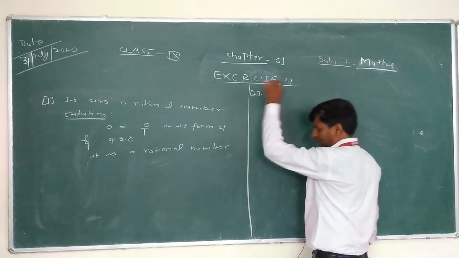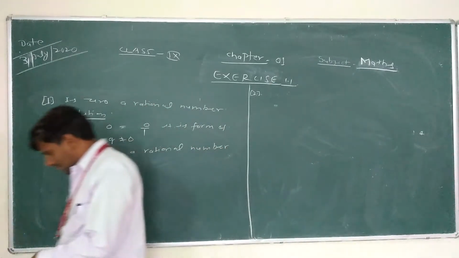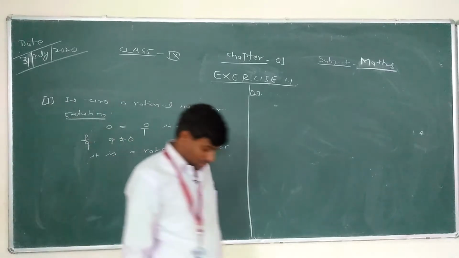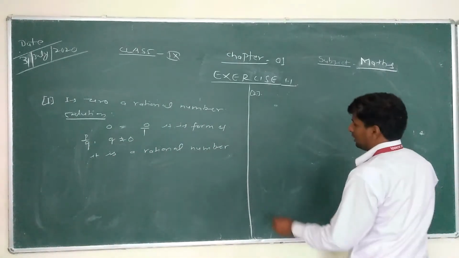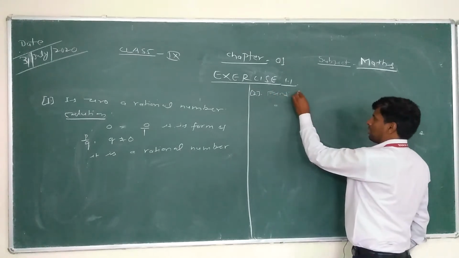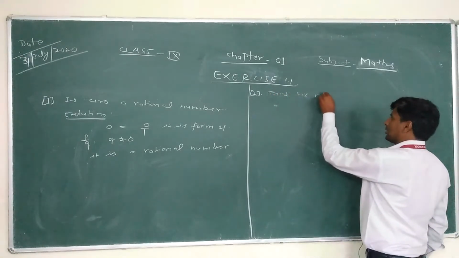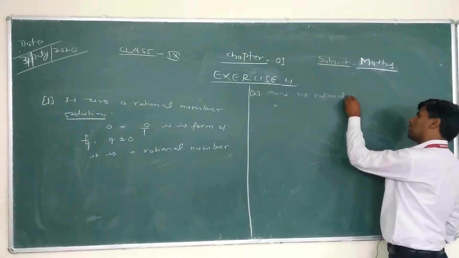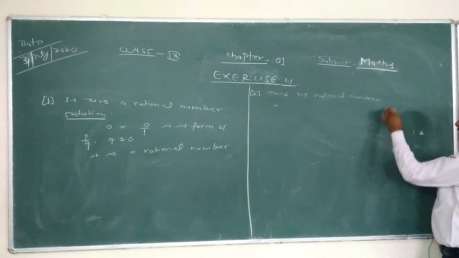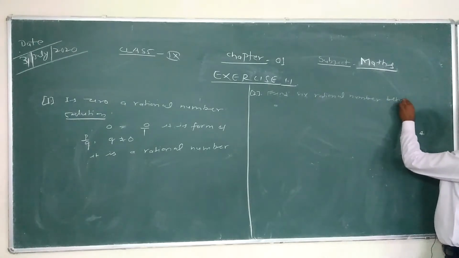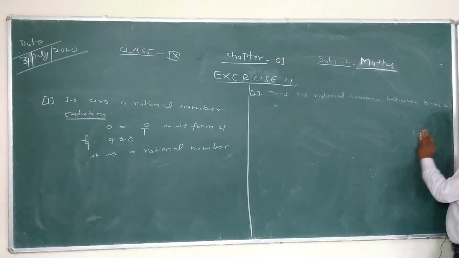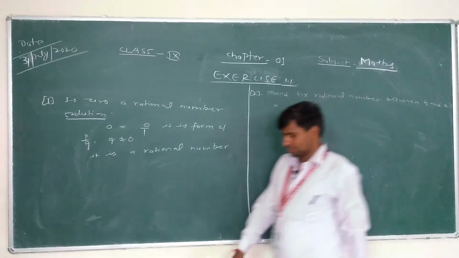Then see the second question. In the second question it is given: find 6 rational numbers between 3 and 4.